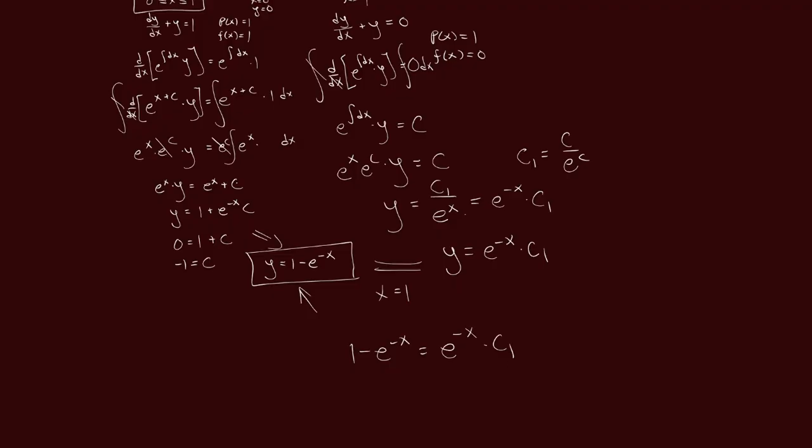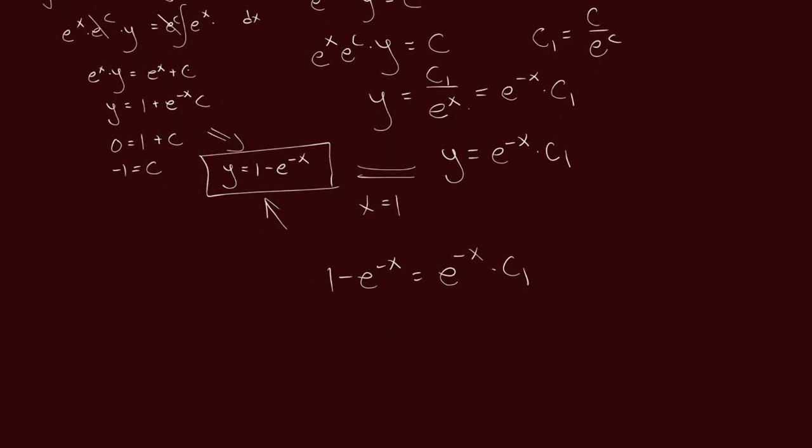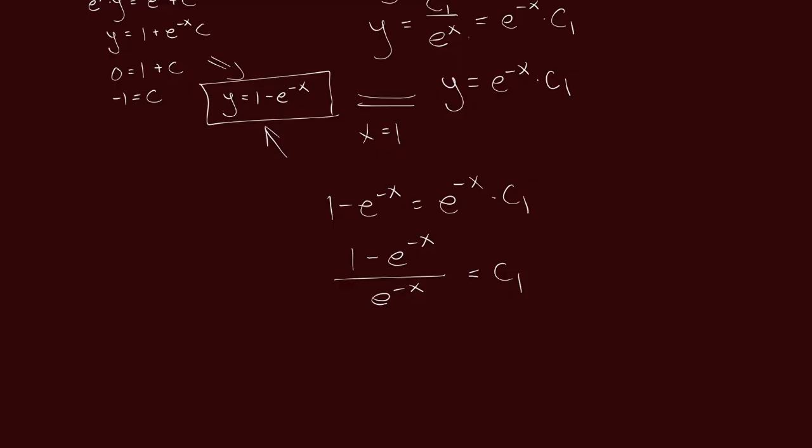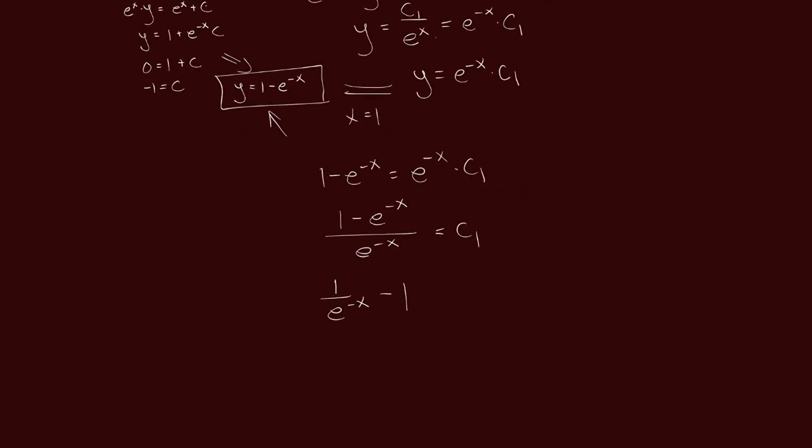Hold on. So let me just isolate for c1. So this is 1 over e, and this will just be minus 1. So this is just the following.